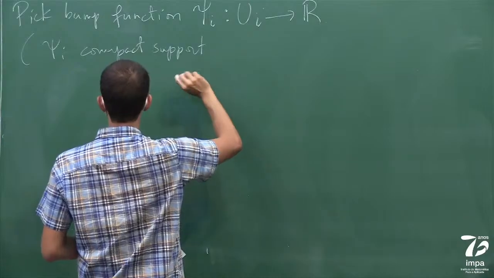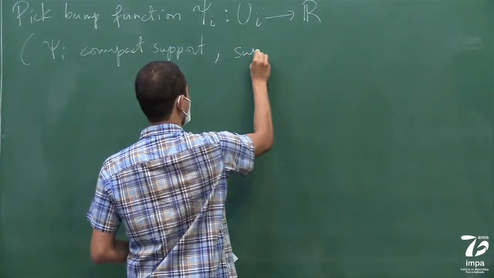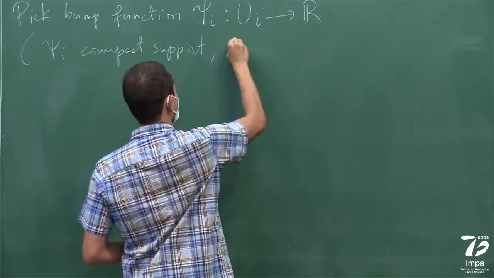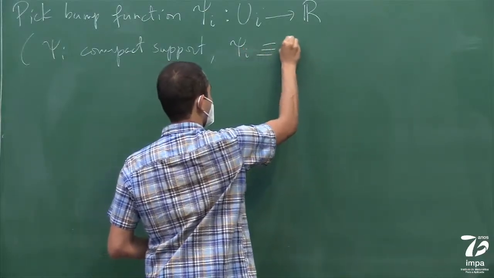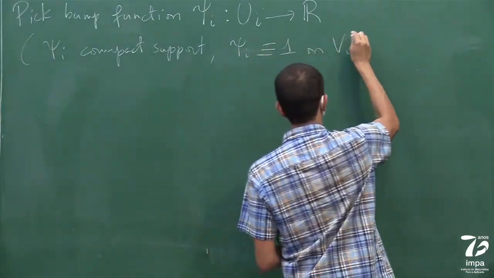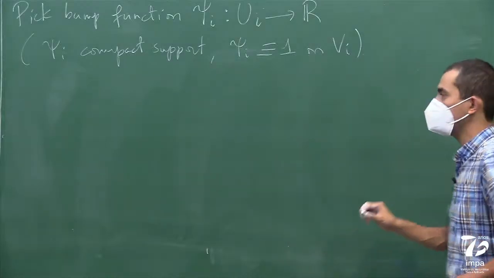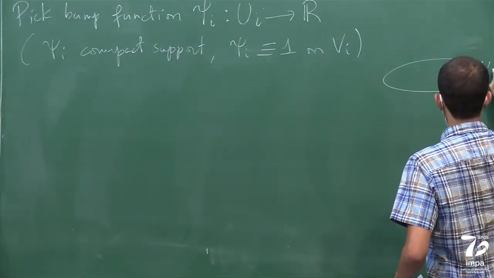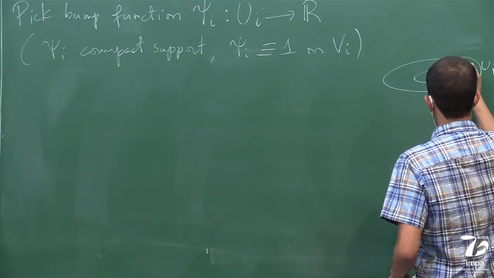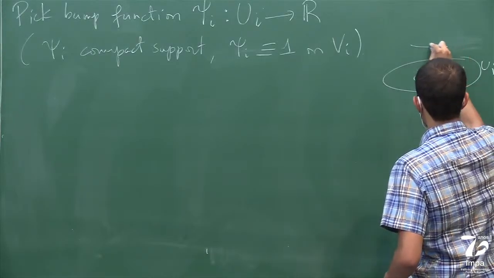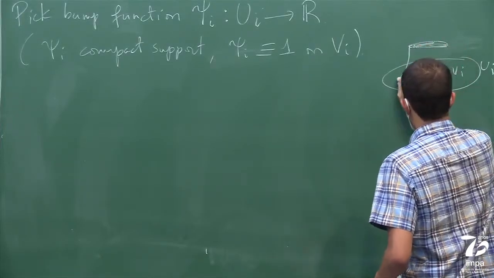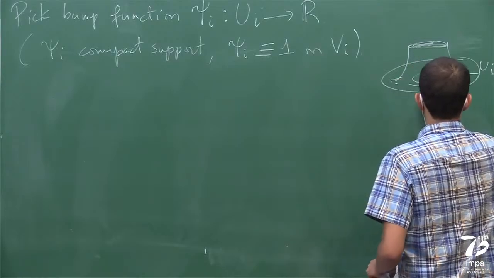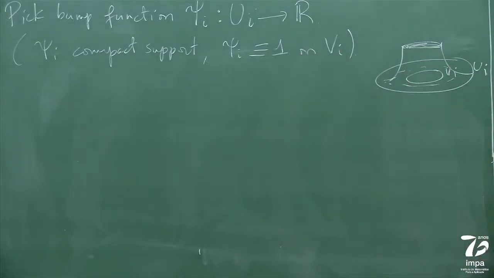And I want psi_i to be equal to 1 on V_i. If this is your U_i, and here is your V_i, I want the function to be 1 here and to have compact support.